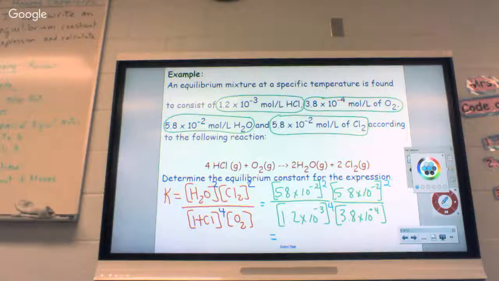So I plugged all the numbers in, and then all I did was transfer my exponents to the numbers based on what I found in the equation. I found water's number, and Cl2's number, and HCl and oxygen's number, and I circled them up there so I could match them up with where they went, and then I transferred their exponents over. Did I lose anybody in what I did?